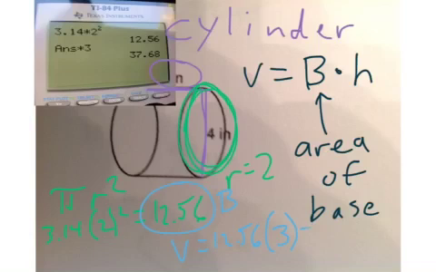And that's why the answer is 37.68 cubic inches. And the key thing to always remember is volume is always cubic. Okay, so pause the video and process this information, and let's move on.